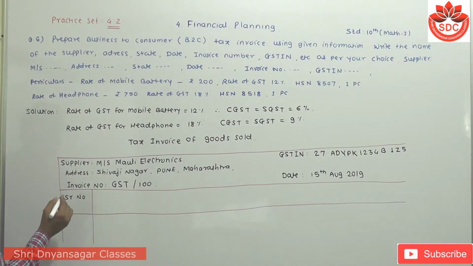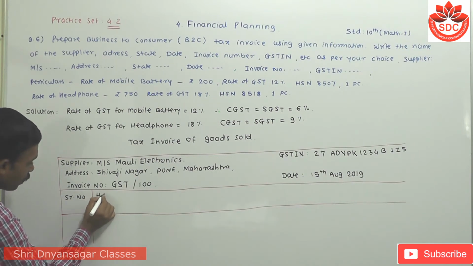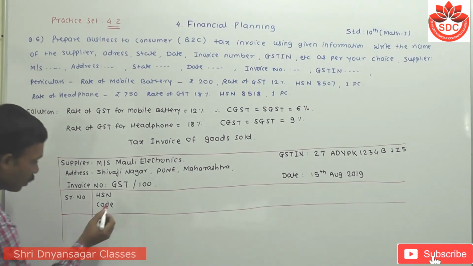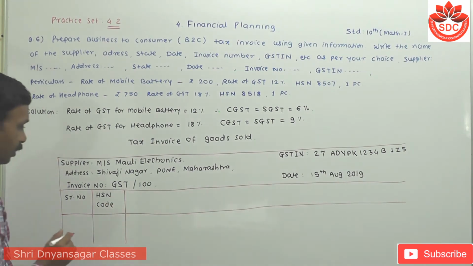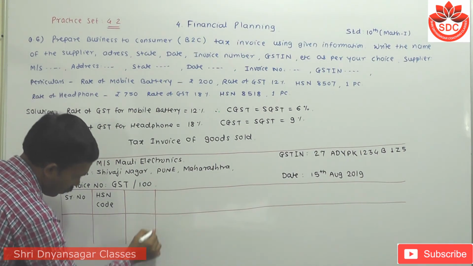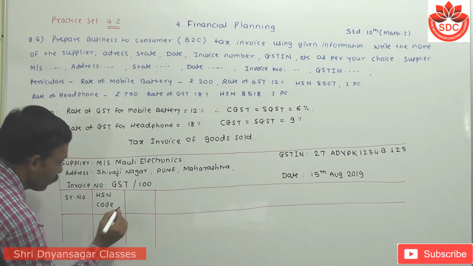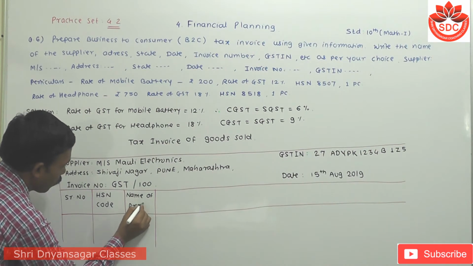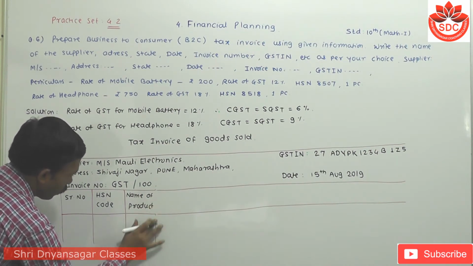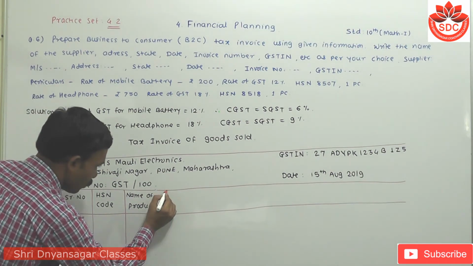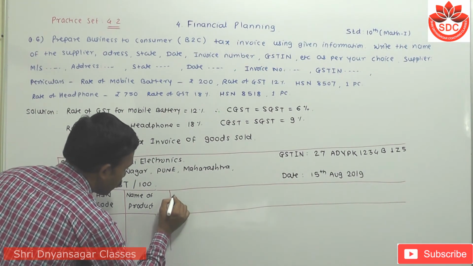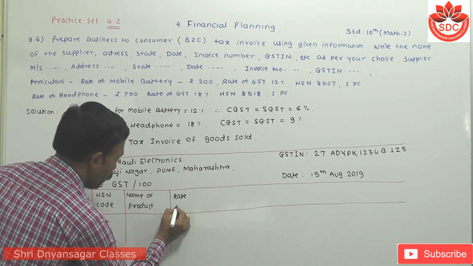Then the second is the HSN code. Then the third one is the name of the product. Take some more space for it. Then we take the rate in rupees.